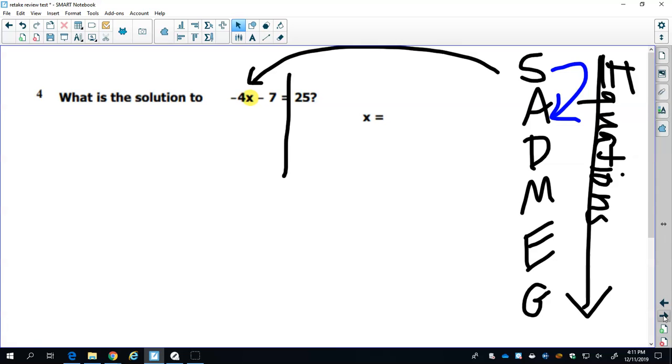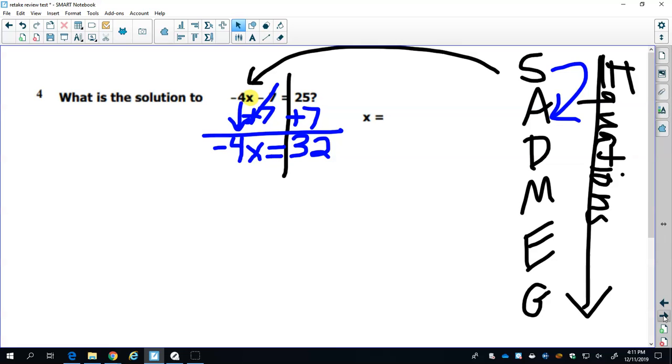So we're going to get rid of that minus 7 by adding 7 to both sides. Okay, when we add 7 over here, this is going to cancel out. When I add 7 to the right side, I'm going to get 32. But I still have the negative 4x over here because this is a two-step equation.